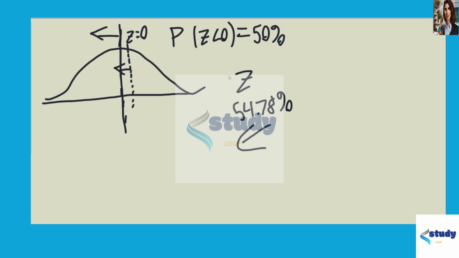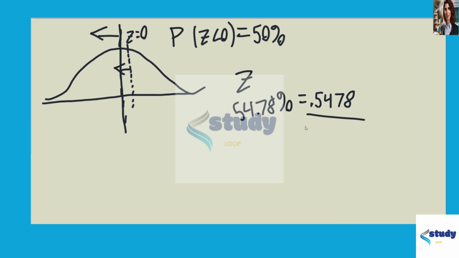I'm going to write 54.78% as a decimal, 0.5478. I'm going to go to my z table and find, in the body of the table, the value 0.5478.